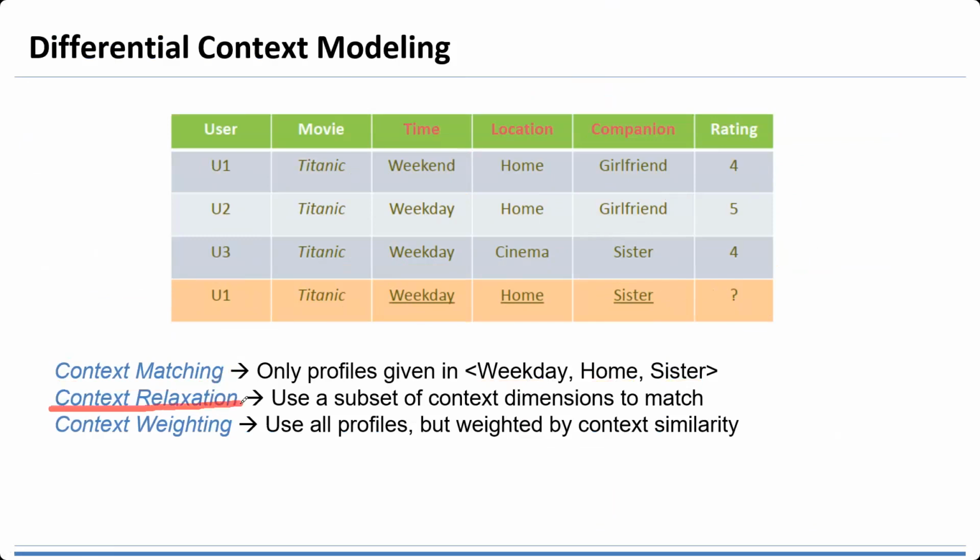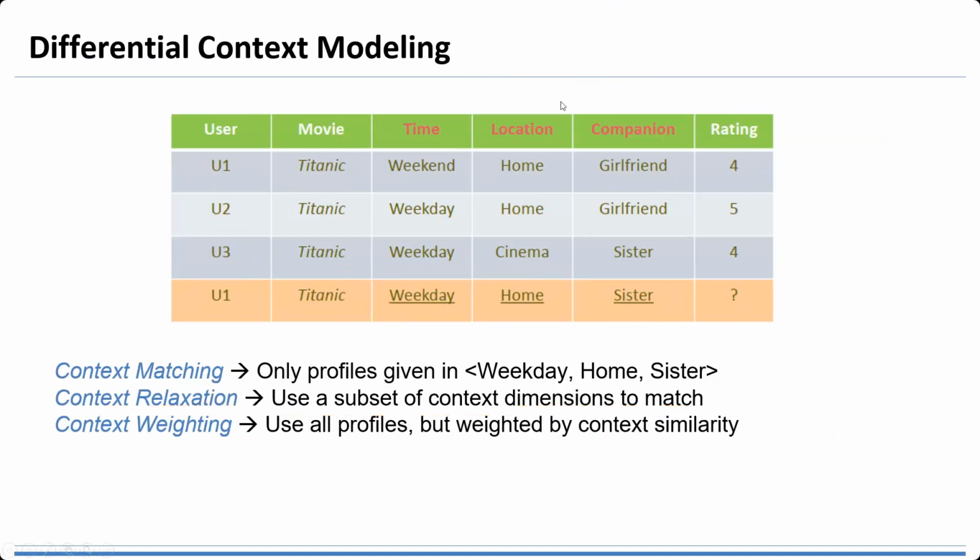We have another method. We call it context relaxation. Let's use a subset of context dimensions. A subset of context dimensions means if we cannot provide all those 3, let's find the subset, maybe only 2.